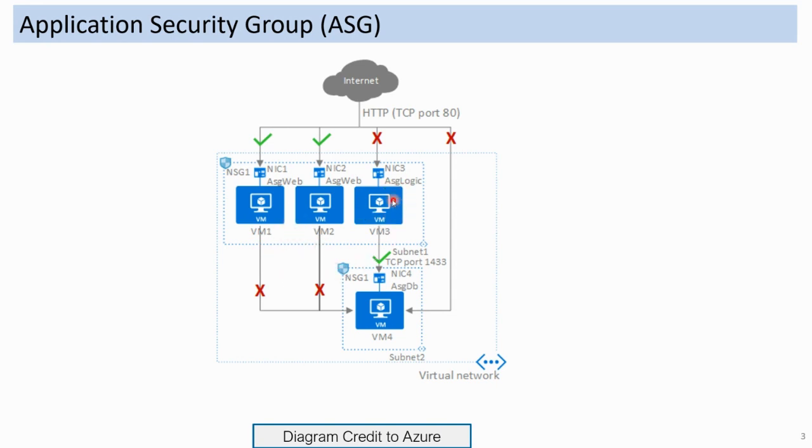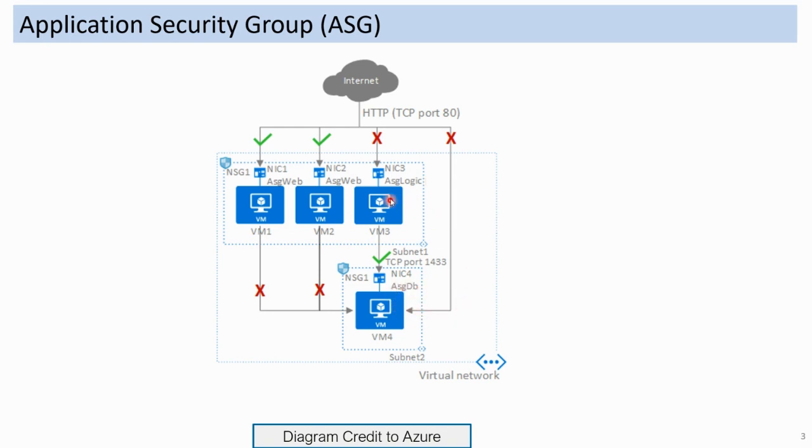Similar kind is that I want to only allow the application server to talk with the database server. Then I put the application server into the ASG logic group, and through which I can create a rule in the same way to allow the traffic towards my database server. Tomorrow, if I get more application servers, if I get more database servers, I will attach the same group to those application servers and database servers, like I have shown here.